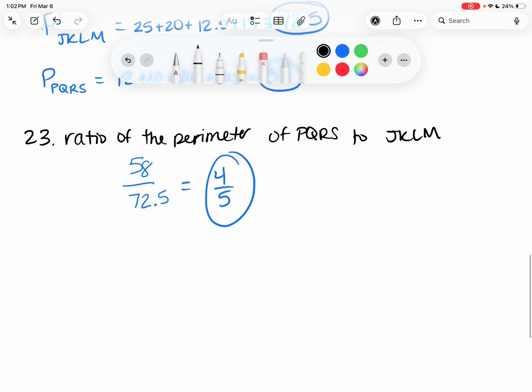All right, last one, 40. 2 polygons are similar. Find the values of x and y.